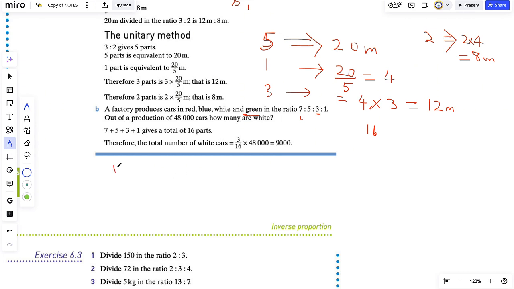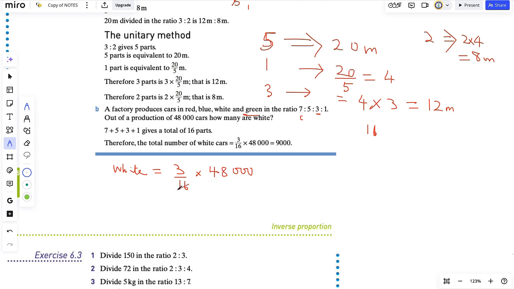So for white cars, if you want to know how many white cars were produced in this factory, the ratio is 3. So you say 3 over 16, multiplied by the total number of cars made in the factory, which is 48,000. 16 and 16 is 32, plus another 16 is 48.